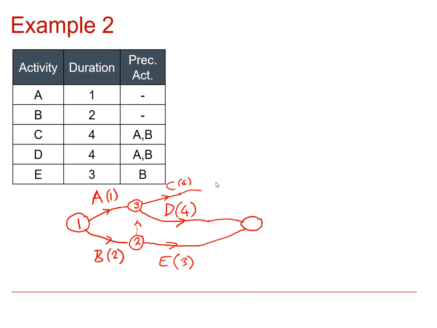And so obviously this is going to be event number 4, and if I attach activity C to event 4, then both C and D would be described by the pair of events 3, 4, so it wouldn't be unique. So this is another reason why we're going to need a dummy. And actually, not only do we need a dummy, we need another event here. So we're going to need a dummy there, simply for the reason that we just mentioned.